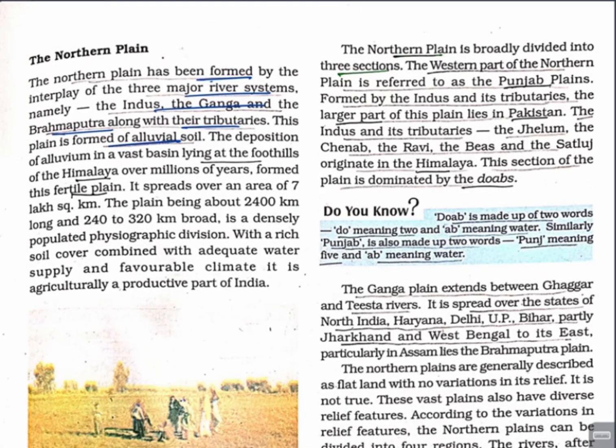As I said, the Himalayas are at a very young stage, even called young fold mountains. So there is a vast deposition of alluvial soil: the deposition of alluvials in a vast basin lying at the foothill of the Himalayas over millions of years, which is the fertile plain.